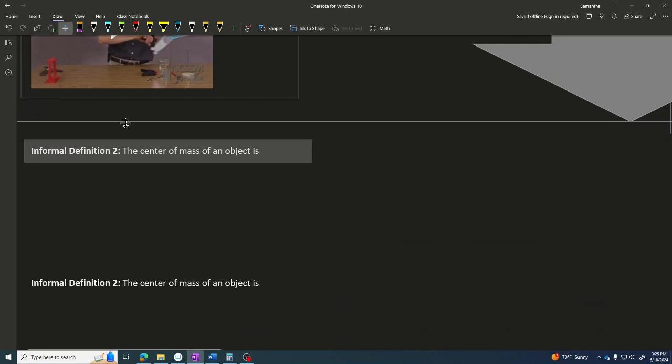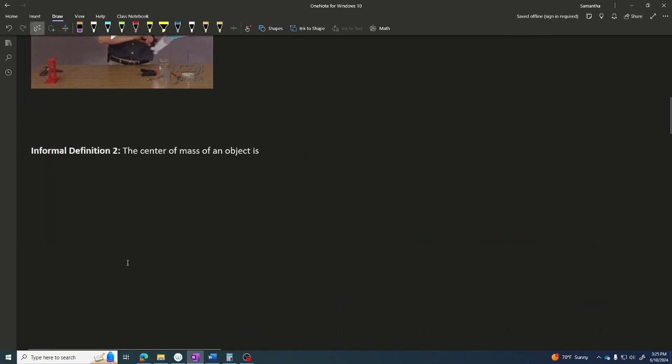Now that you've gotten a chance to see center of mass as understood as a balancing point, I want to share with you one other way of understanding center of mass that is particularly common in physics, and that is to understand the center of mass of an object as a point where all the mass of the object would go.